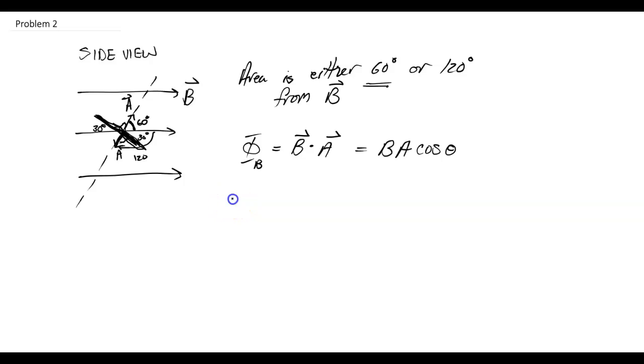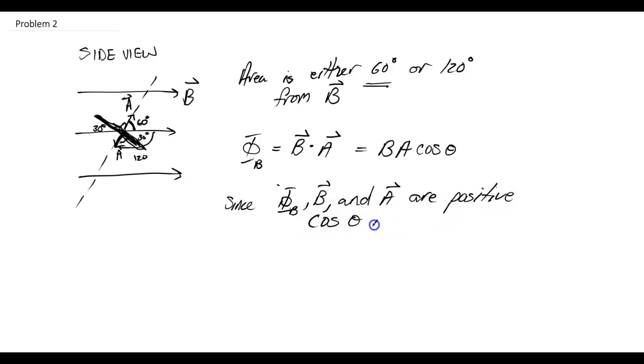So since phi, B, and A are positive, cosine of theta must also be positive, and that means that theta is 60 degrees.